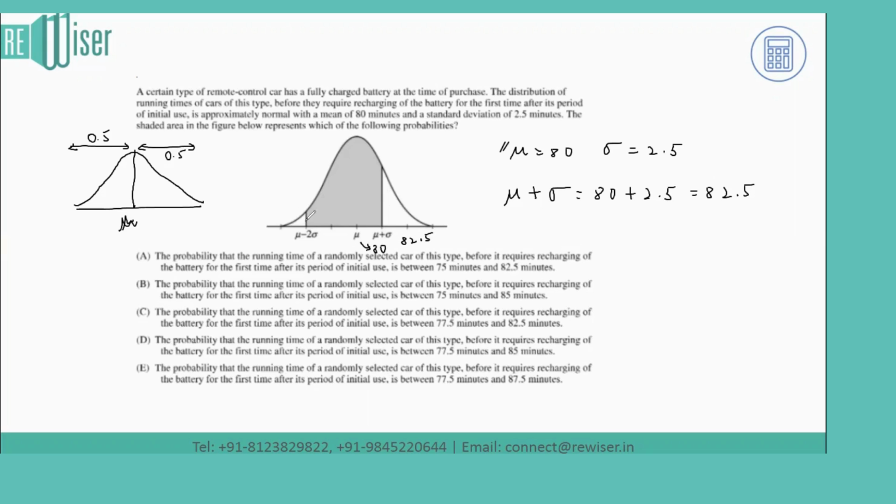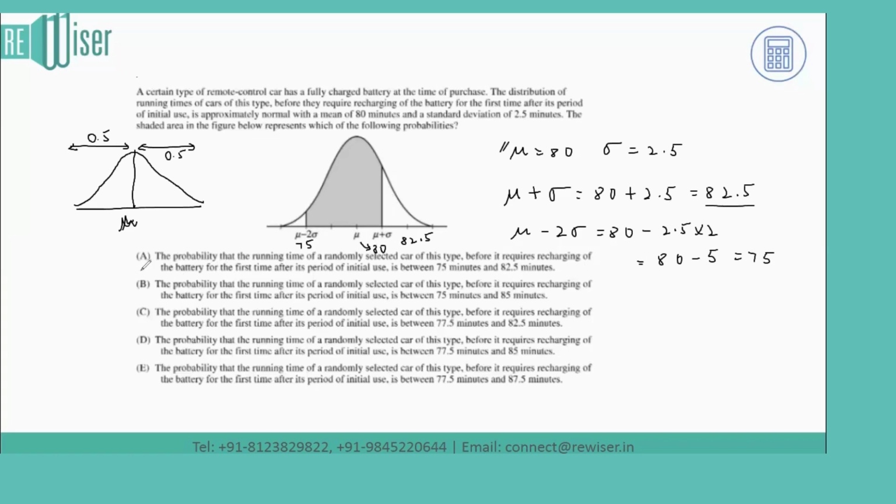If I'm looking for the value of mu minus 2 sigma, that means mean minus twice the standard deviation, the value is 80 minus 2.5 times 2, which we can write as 80 minus 5, which equals 75 minutes. So the two values for the extreme ends: for mu plus sigma, we got 82.5, and for mu minus 2 sigma, we got 75.